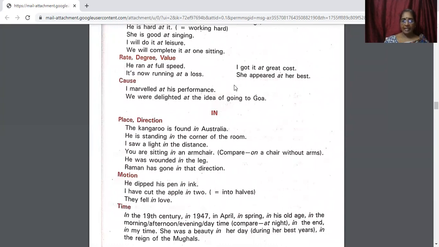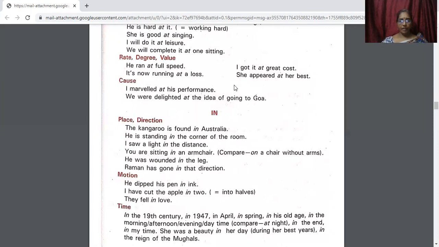I saw a light in the distance. You are sitting in an armchair. Compare it with on a chair without arms. Okay. In the armchair, because arms are there, so in the chair. Otherwise, without arms, on the chair. On a chair. Okay.